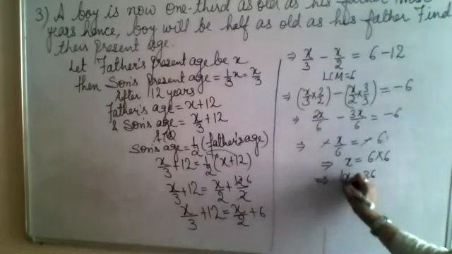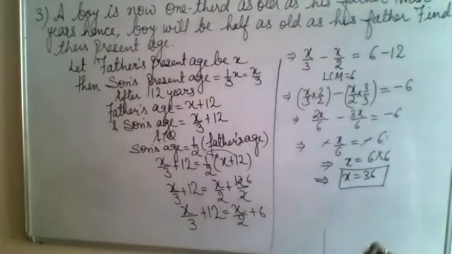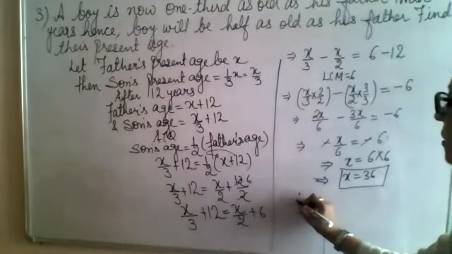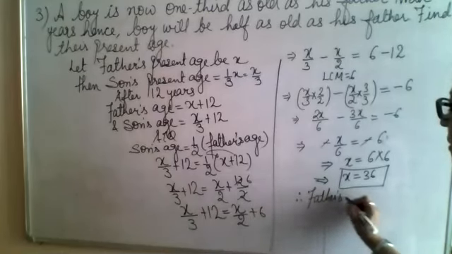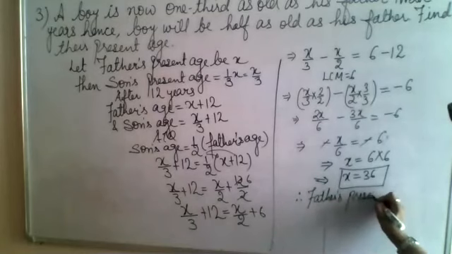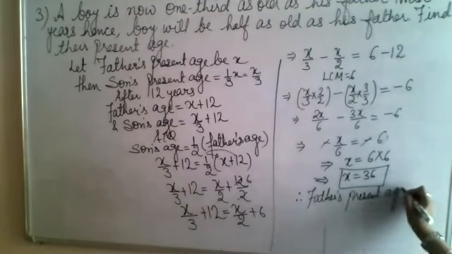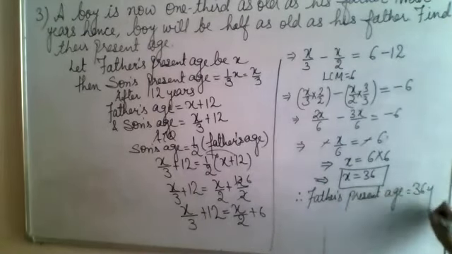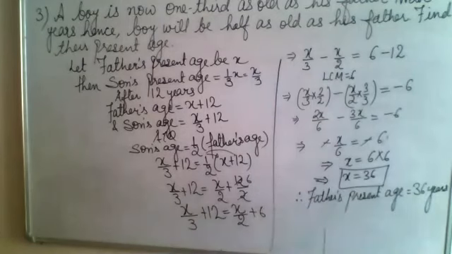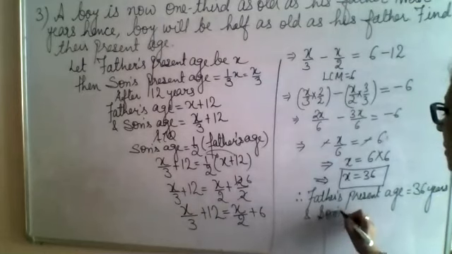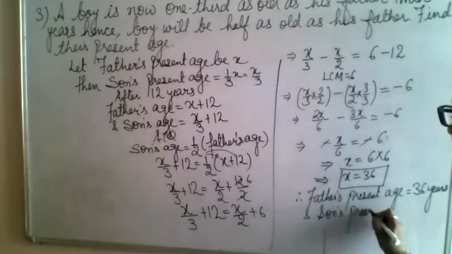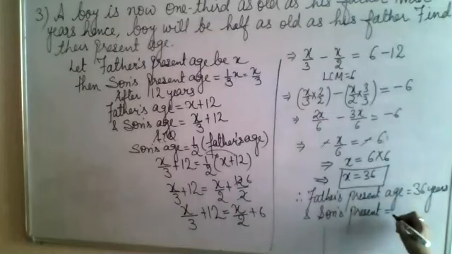So therefore, the father's present age is equal to 36 years and the son's present age is 1/3 of it.